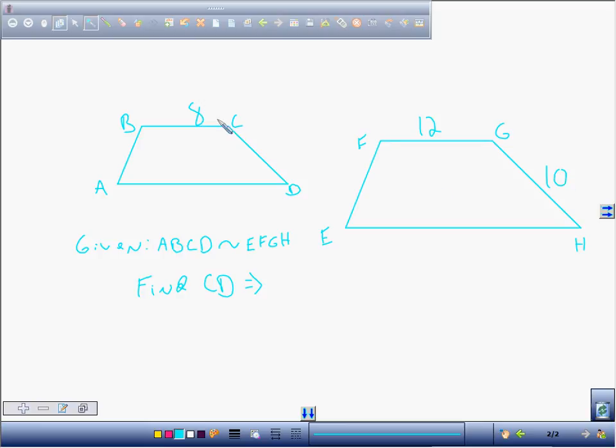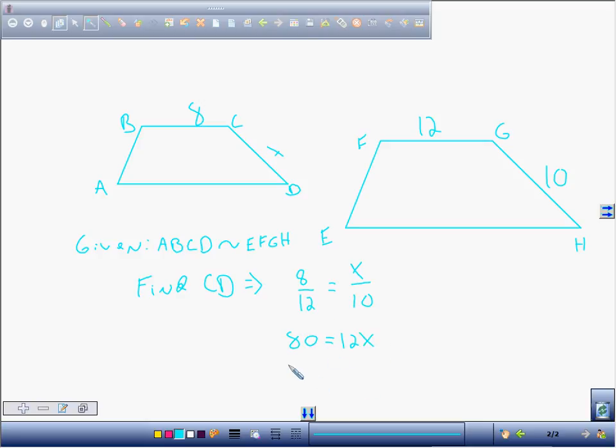No, but also, you know that if these are similar, the sides have to be proportional. So 8 is to 12 as CD, which we'll call X, is to 10. And then you just cross multiply and you get 80 equals 12X. You could have reduced this to 2/3, which would have been probably better.